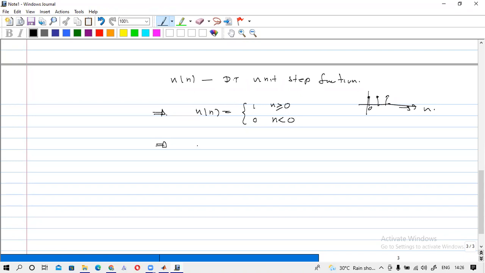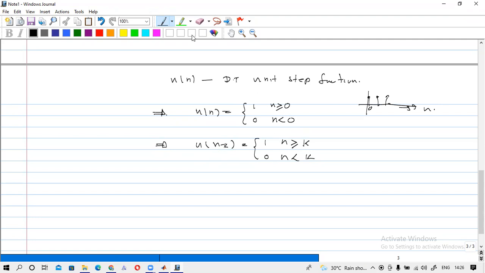And if you consider the shifted unit step signal, it is 1 when n is greater than or equal to k, and 0 when n is less than k. So this is the expression for the shifted unit step.